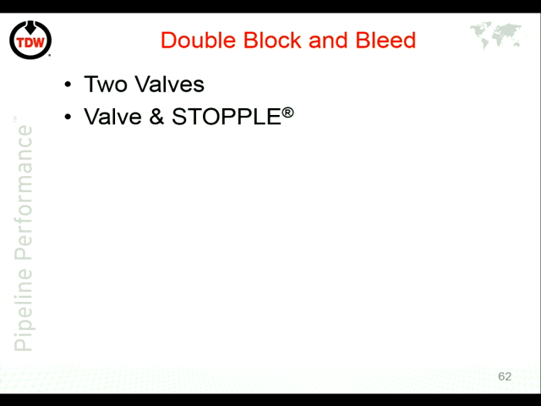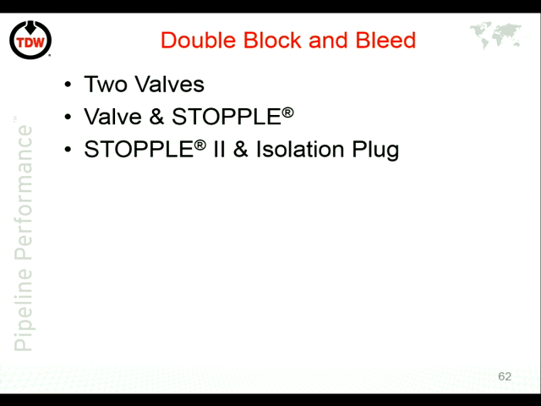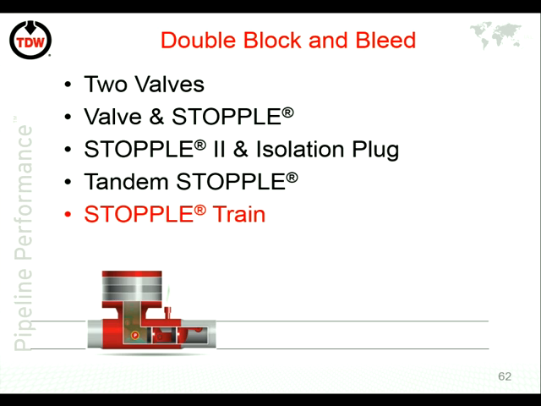Or you could have what's called a tandem stopple, so that's 2 stopples next to each other with 2 fittings, 2 machines. Or you can have what's called a stopple train, which is 1 fitting with 2 plugging heads instead of just one. That is done in 1 operation, so it saves the need for an additional fitting.